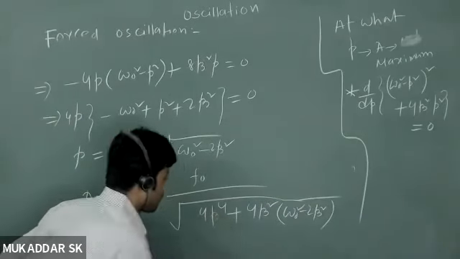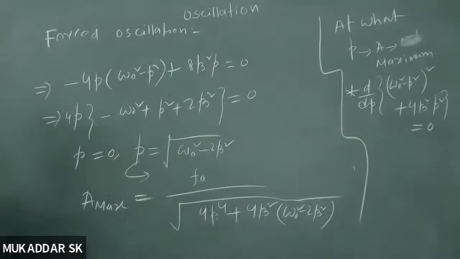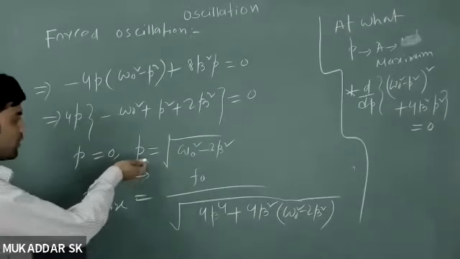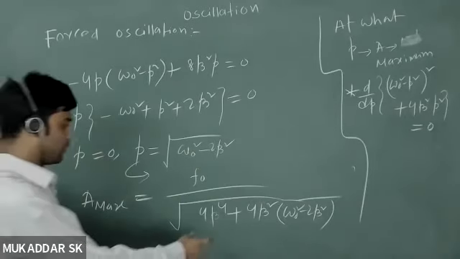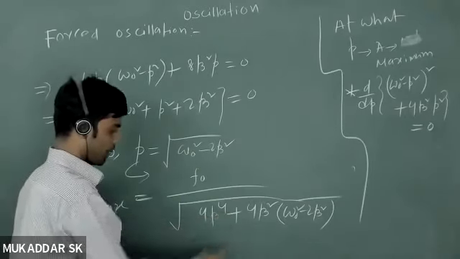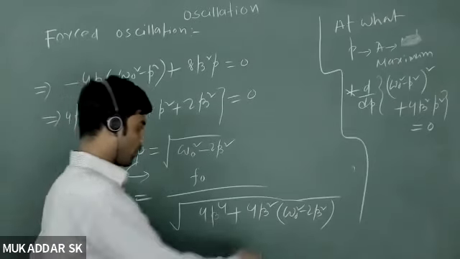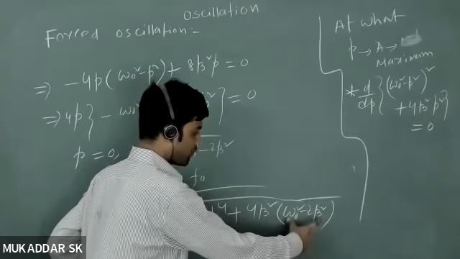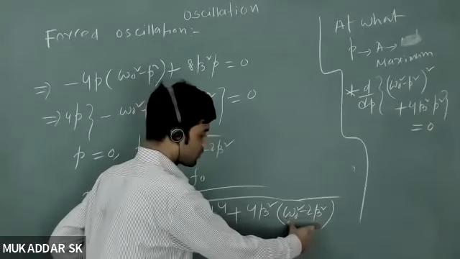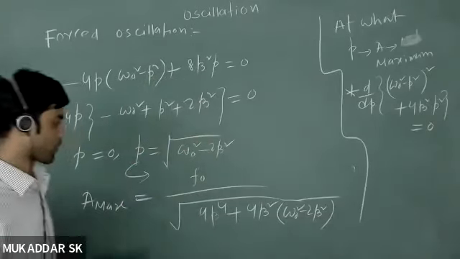Okay, so what I have done is, in place of p, I have substituted this in the amplitude formula. If you substitute, the first term will give you 4 beta to the power 4, and the second term is 4 beta square p square. In place of p square, I have substituted this value, omega naught square minus 2 beta square.